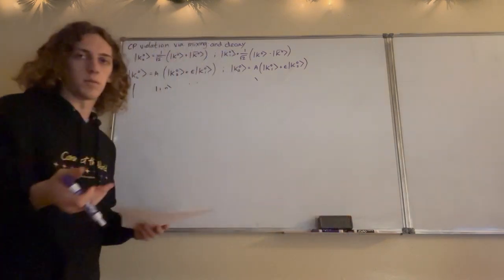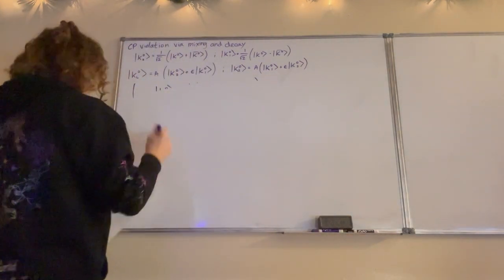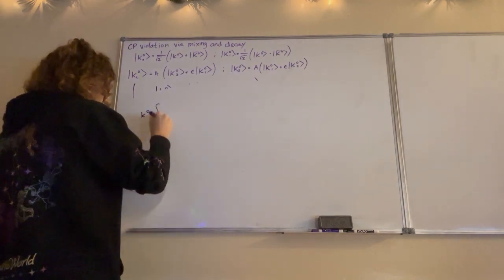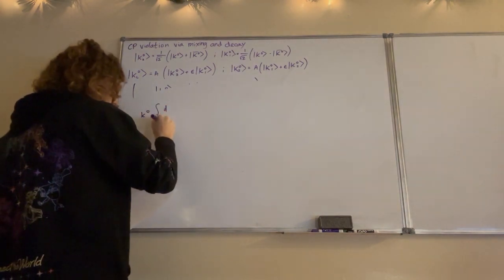All right, so we have two contributions at second order here. First I'll just write K0. We have a down and anti-strange.